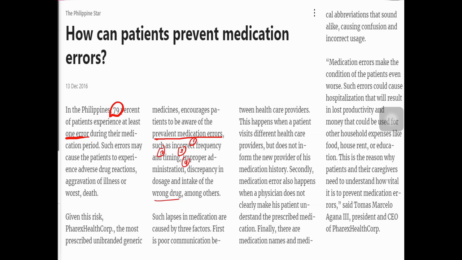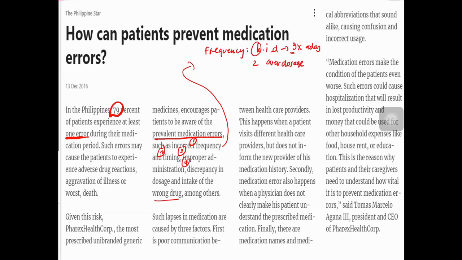Incorrect frequency, okay? Frequency first. For example, the patient could not interpret BID. Or for example, the patient thinks that BID means 3 times a day. Since there is an additional dose, because this should be intended as 2, what could happen? In this error in frequency, the patient could have an overdosage.